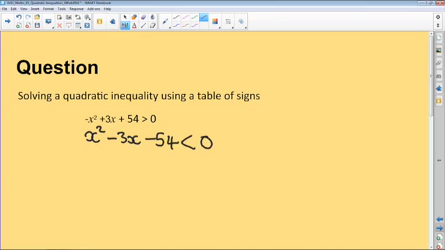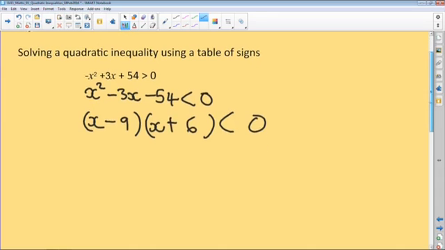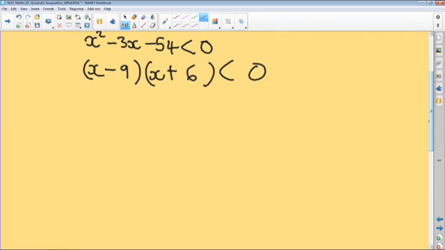All right, so now we factorize. This is x and x, factors of 54 that, when we add or subtract, will give us that 3. It's 9 and 6. Just confirm with me. Minus and then a plus, right? Now, from there we go to our table.